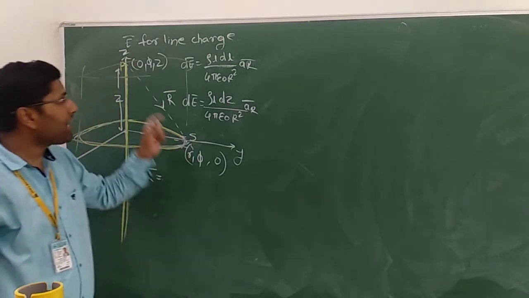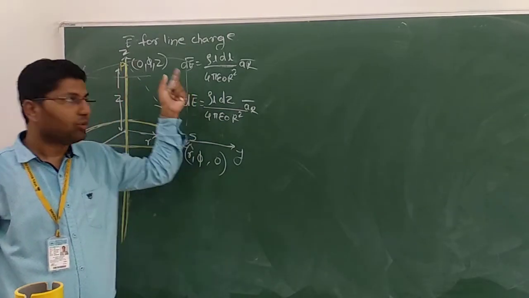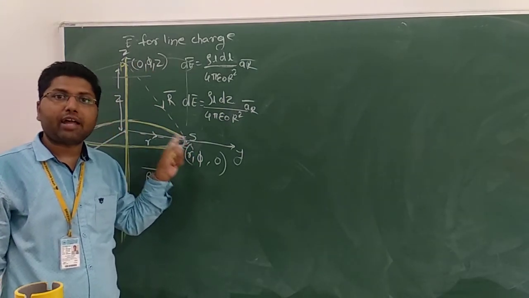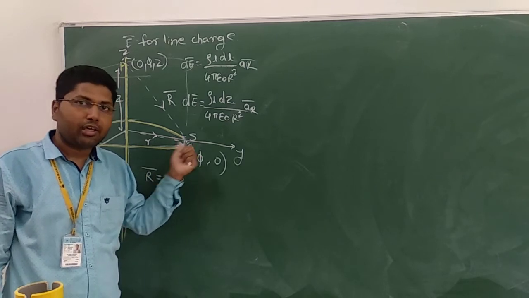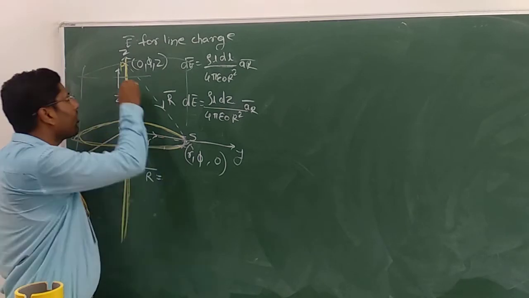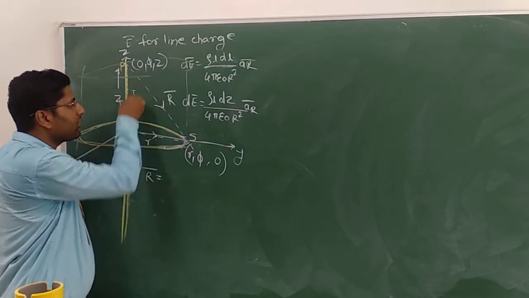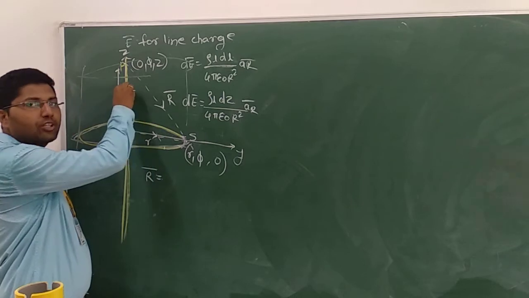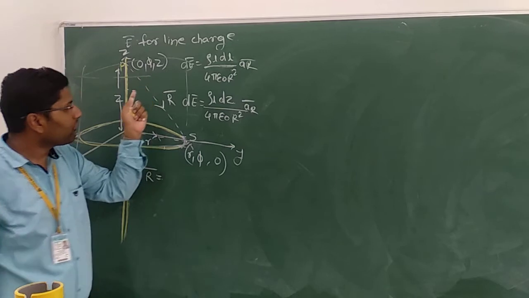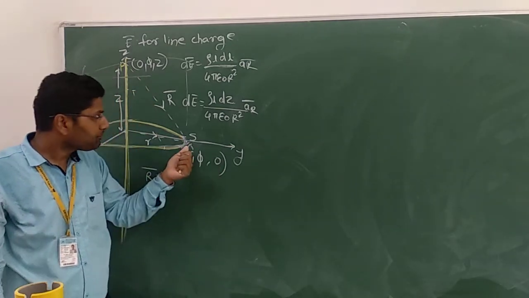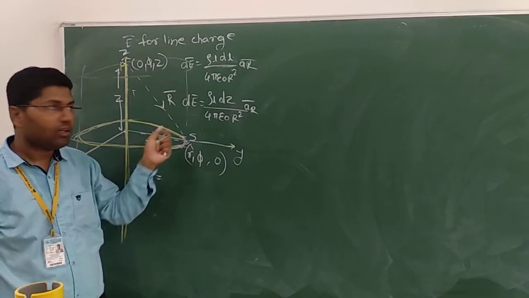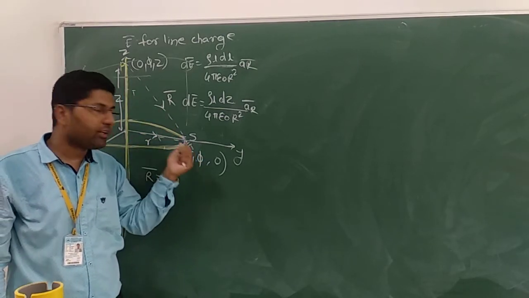Because we have to calculate the electric field intensity due to this line charge at the point S, so the direction is towards point S. If there were another point T where we wanted the field, the direction would be towards point T. Like that, when you want to calculate the electric field intensity at the point S from the point P, the direction should be towards point S.